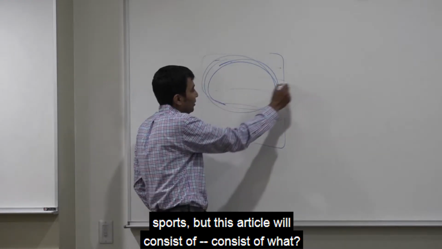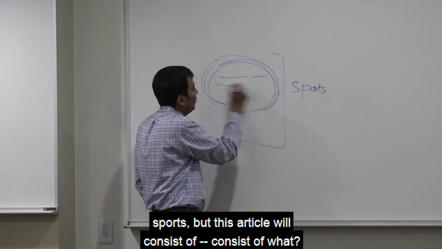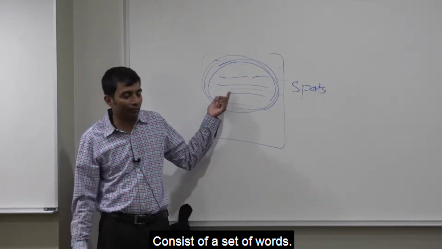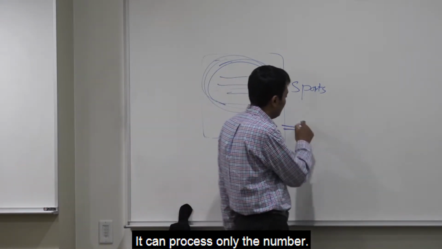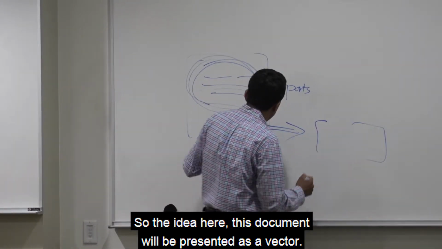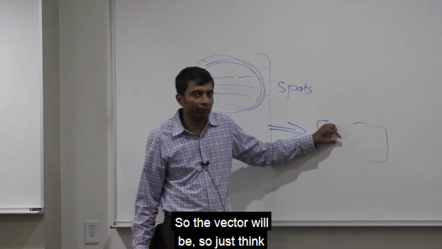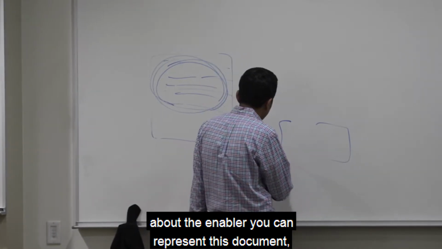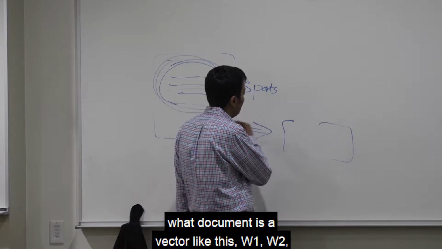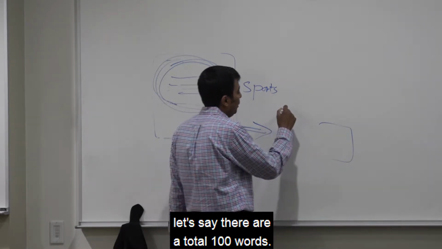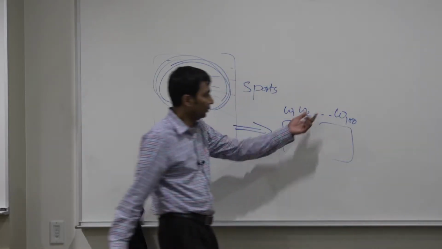So this article, let's say, is associated with sports, but this article consists of a set of words. Now the computer cannot process those words, it can process only numbers. So the idea here is that this document will be represented as a vector. The naive way you can represent this document as a vector is like this: word W1, word W2, let's say there are a total of 100 words.